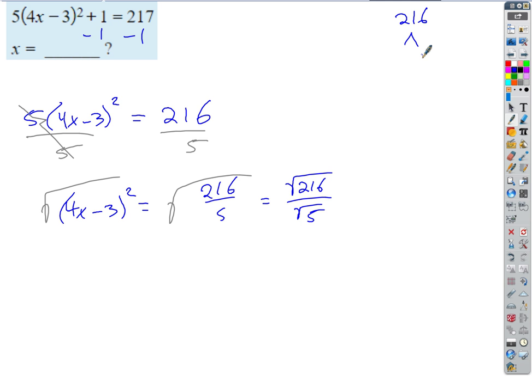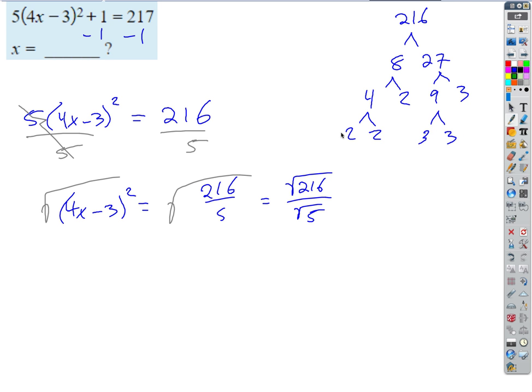216, what's a factor of 216? We don't have to be fancy about this. 8 times 27. Okay, I heard 8 works, or we could do 4, that's fine. If we do 8 times 27, that's fine. What does 8 break up into? 4 and 2, and 4 is 2 and 2. What about 27? 9 and 3, and 9 becomes 3 and 3.